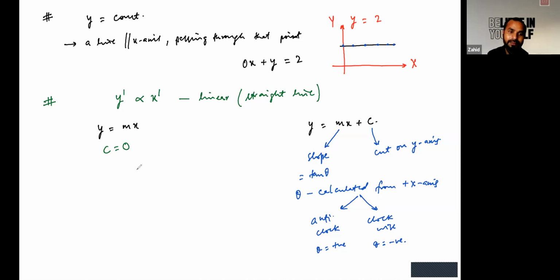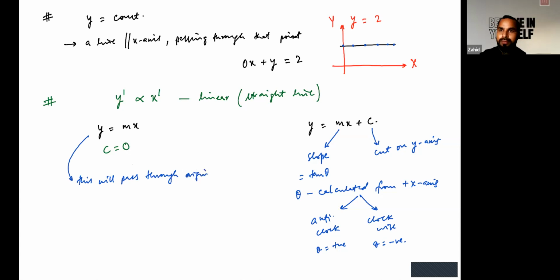This point. And the coordinate for which y equals 0 is nothing but the origin. So we can say this particular expression of line will pass through the origin.